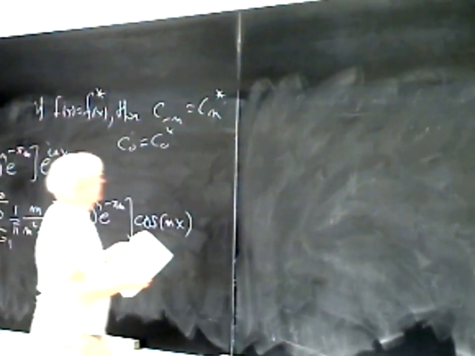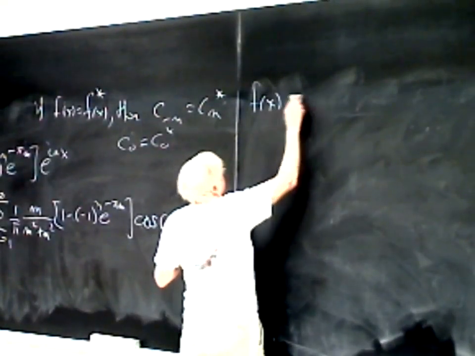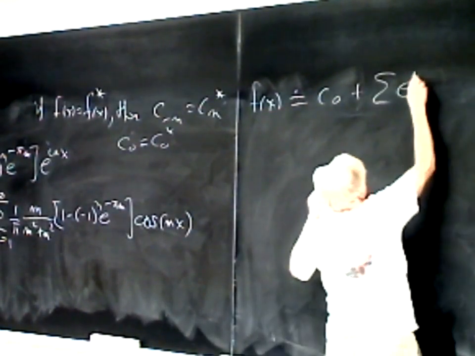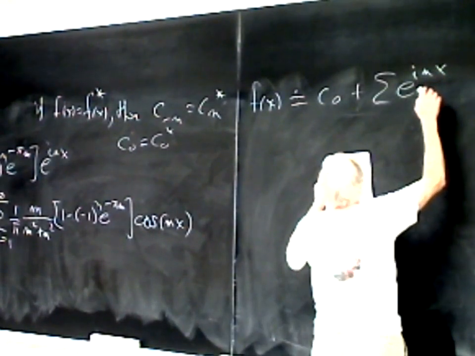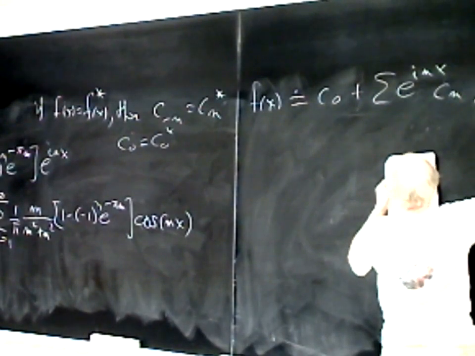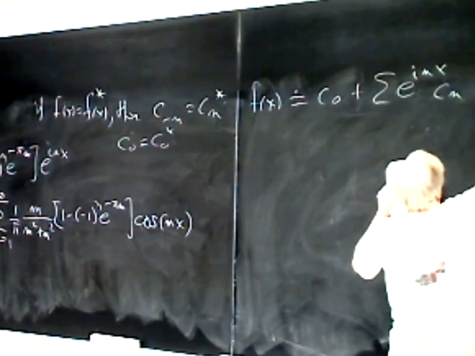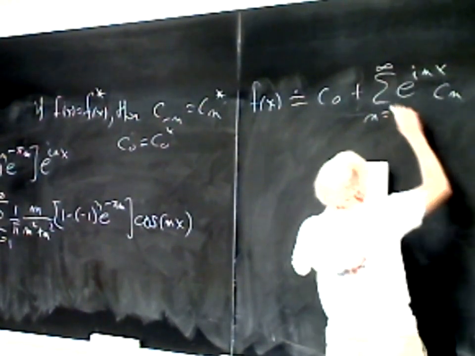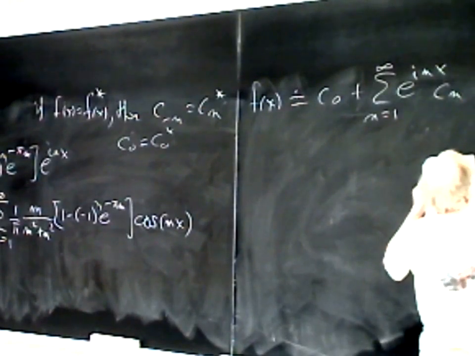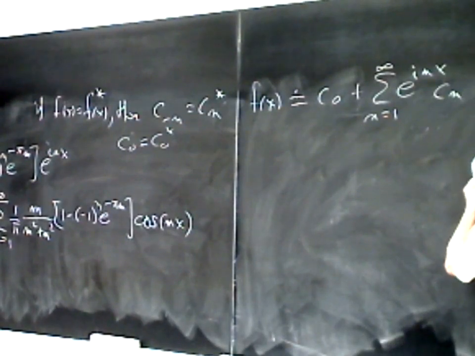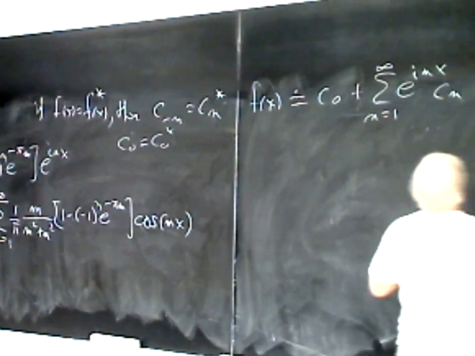And then this function, f of x, can be written as C0 plus the sum n equals 1 to infinity plus the sum n equals minus infinity to minus 1 of e to the i n x times c sub n.